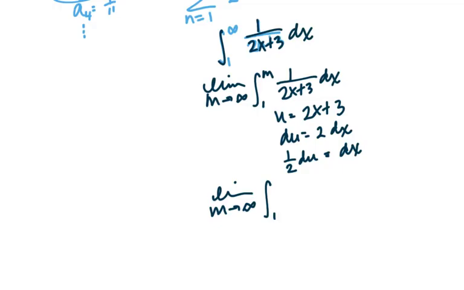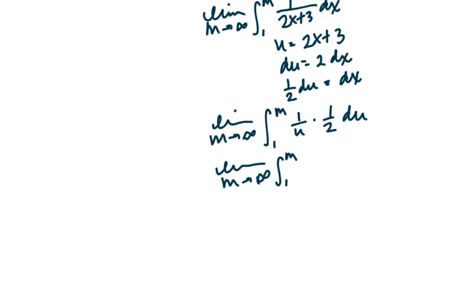So we have the limit of the integral from 1 to m of 1 over u times 1/2 du. So let me set it all up. When we integrate 1 over u, we don't need the integration symbol anymore. When we integrate 1 over u, we get natural log of absolute value of u, but the values are positive, so it's okay.